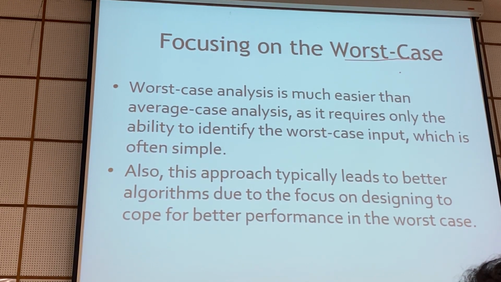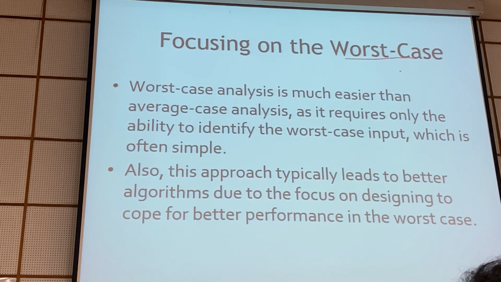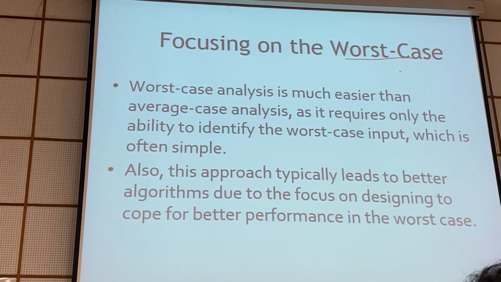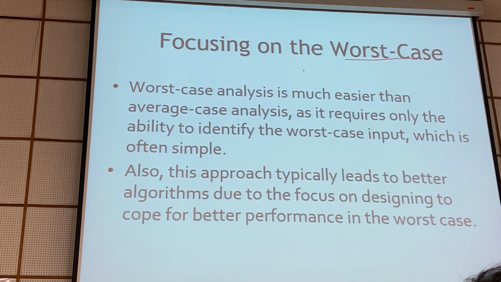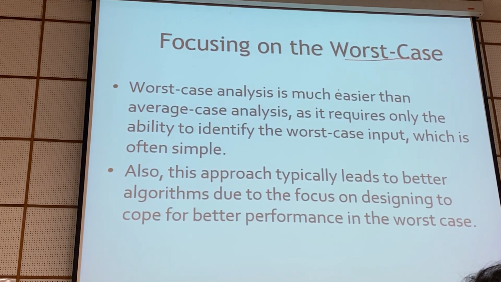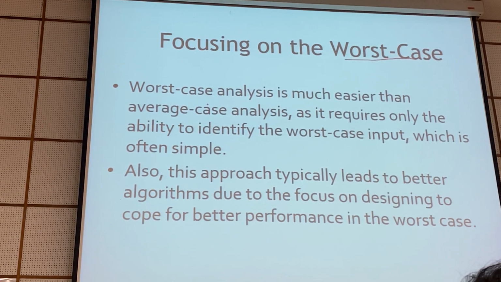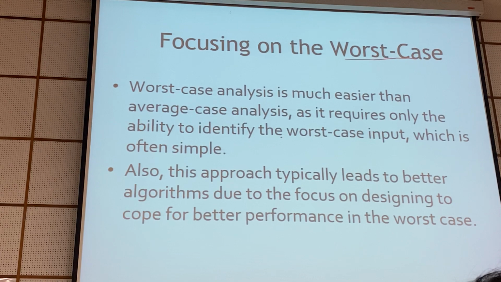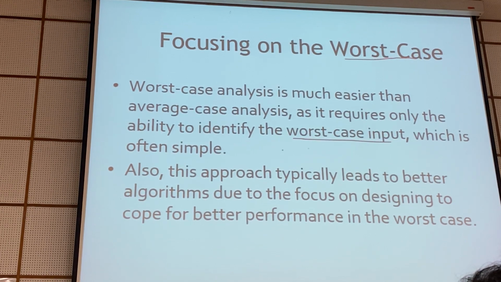How long does it take to count the bigger jar number 8 just now? We only worry about that. For the smaller jar, I know it will take a faster time to count. Worst case analysis is much easier than average case analysis as it requires the ability to identify the worst case input, which is often simple.